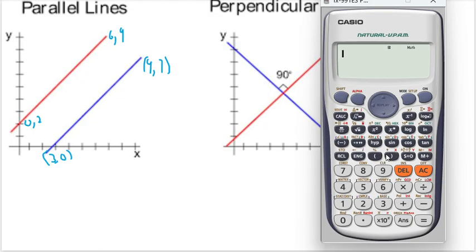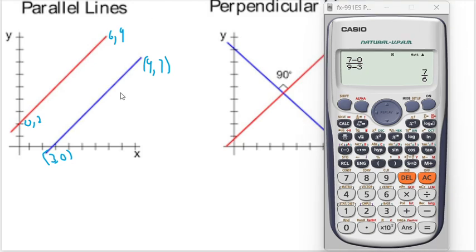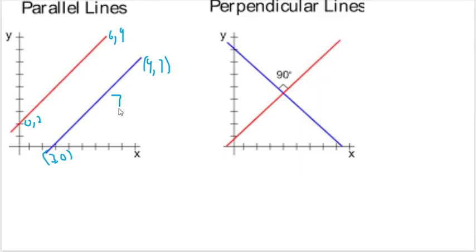Now when you have it like this, let's open our calculator. Let's first start with the blue. You're going to say 7 minus 0 all over 9 minus 3, which equals 7 over 6. So the gradient of this blue line is 7 over 6.